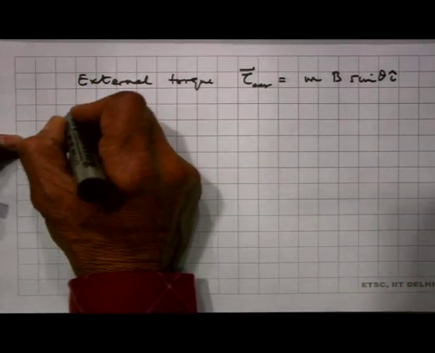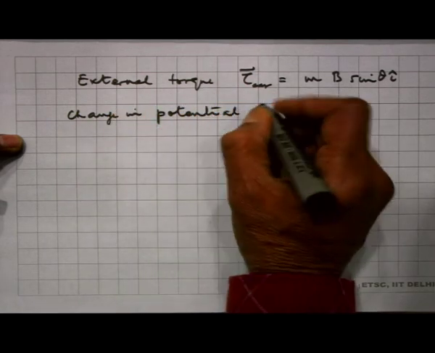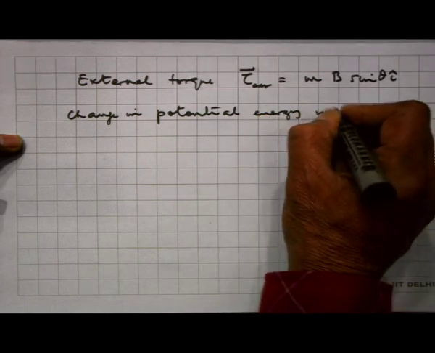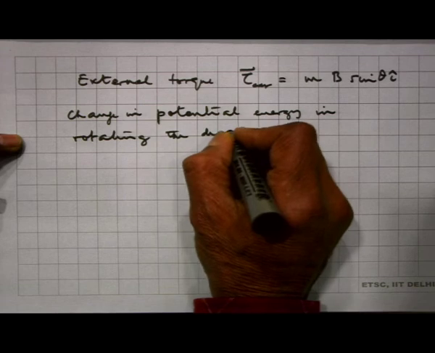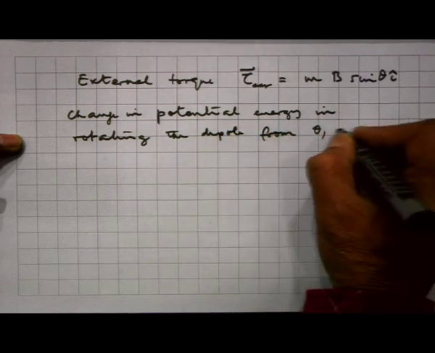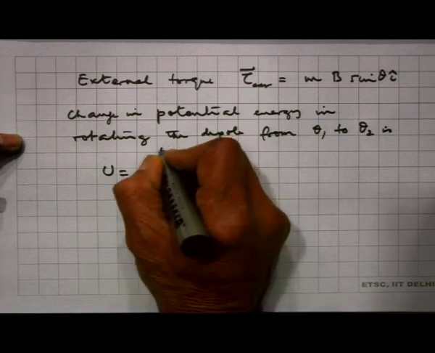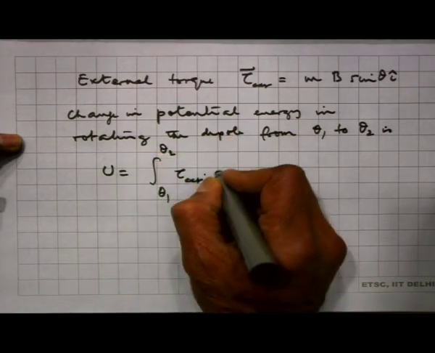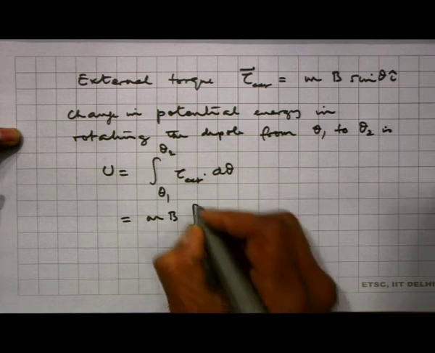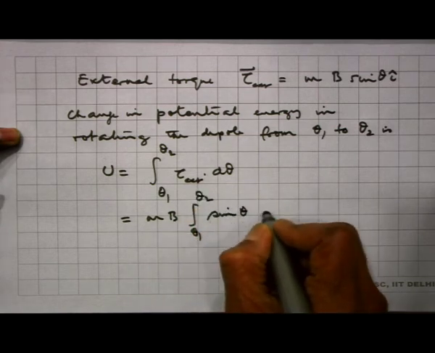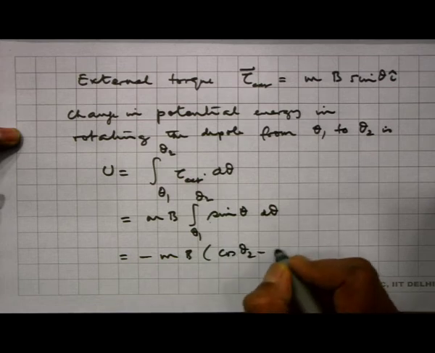So, the change in potential energy in rotating the dipole from theta 1 to theta 2 is U equal to the integral from theta 1 to theta 2 of tau external multiplied by d theta, which is equal to m B integral from theta 1 to theta 2 of sin theta d theta, which is equal to minus m B times cos theta 2 minus cos theta 1.